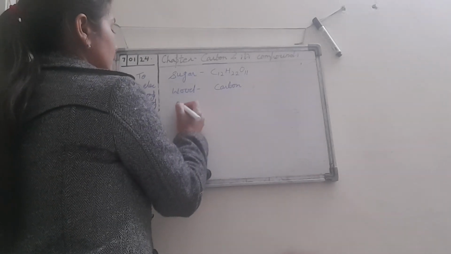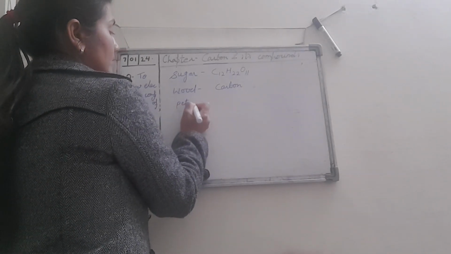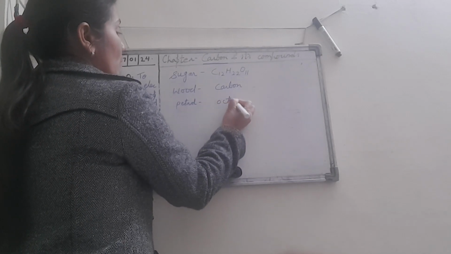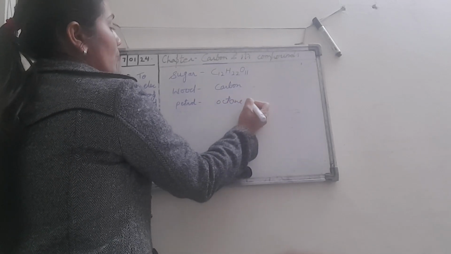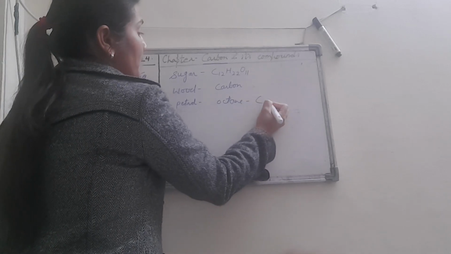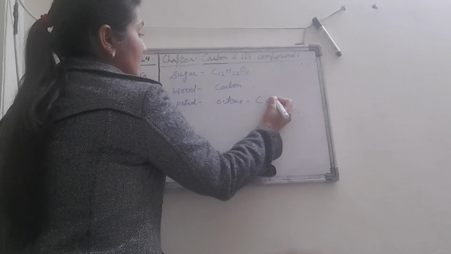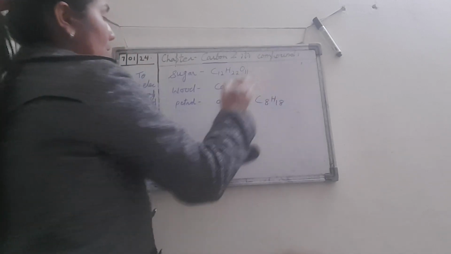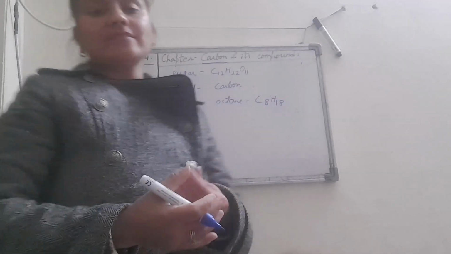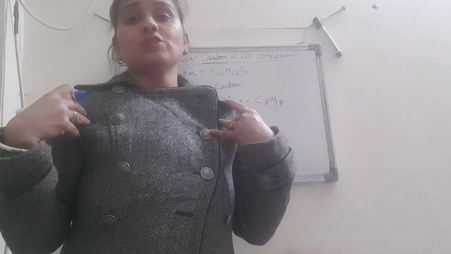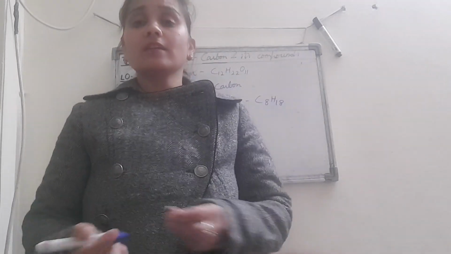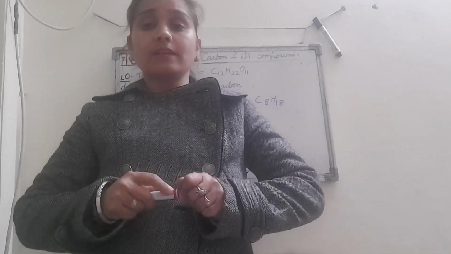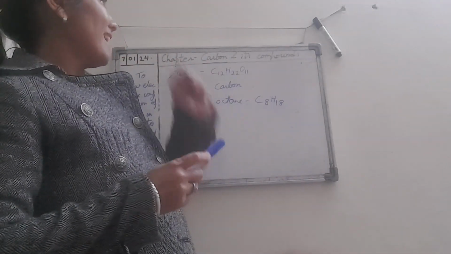and octane is the main constituent of the carbon, having formula C8H18. Right? And the clothes which we wear, the clothes has the main component as carbon.